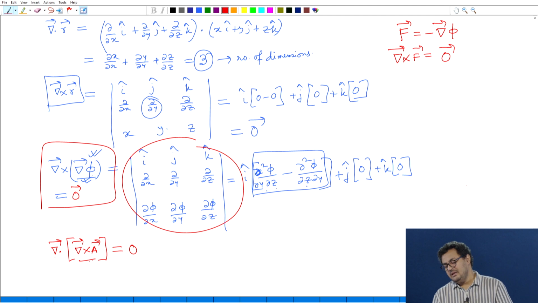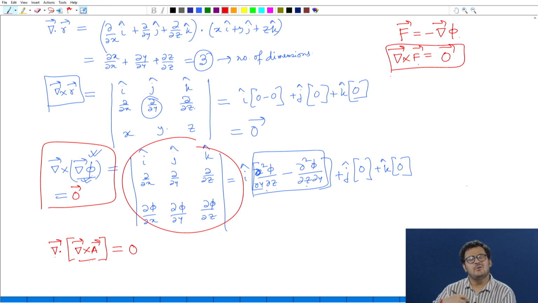Now, I know that if f is grad phi, then the curl of f is 0. Is the converse true? Can we show that? Actually, we can show that. In the next lecture, I will do that systematically.